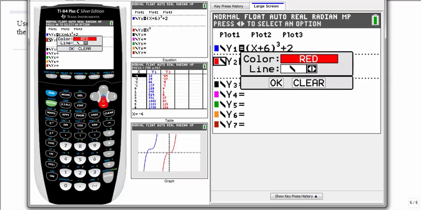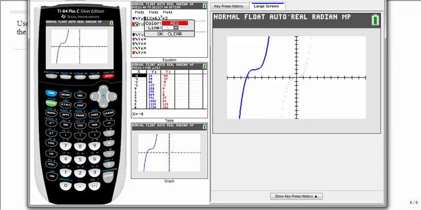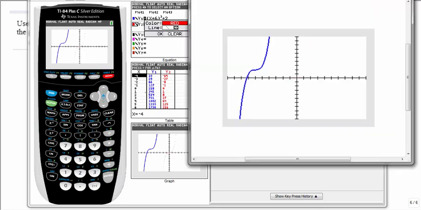I'm just going to do this to do something a little bit different. So there's dotted. And your graph will look a little bit different, I'm sure, depending on what values you choose. But if I graph these on the same set of axes, I can really see this red dots as my parent graph. So this shows nicely my parent graph, and then it also shows that transformation.